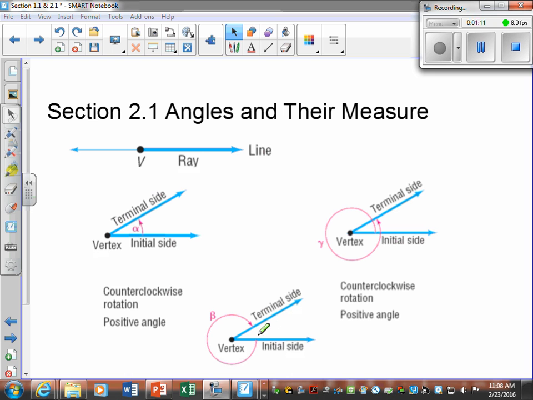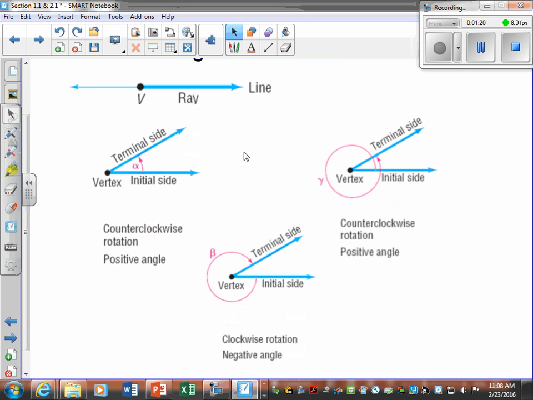Now, if I start at my initial side right here, and I go in a clockwise rotation, I have a negative angle. So beta is a negative angle. So those are the orientations of a positive angle, which is a counterclockwise rotation, and a negative angle, which is a clockwise rotation.